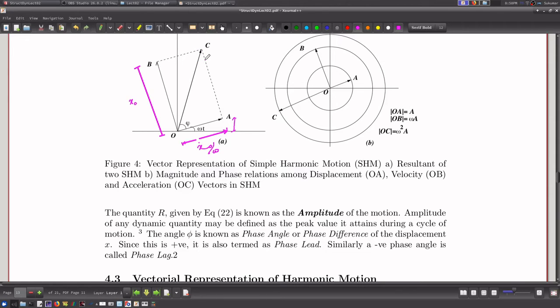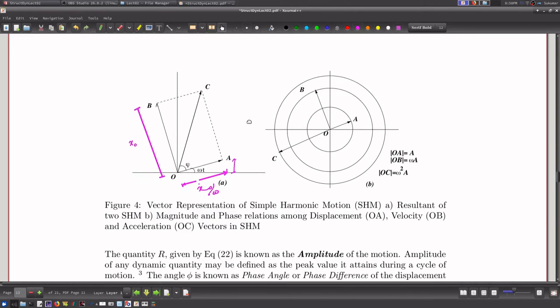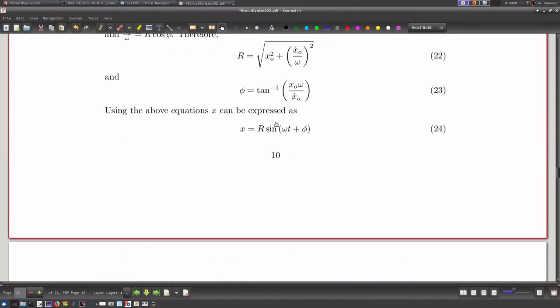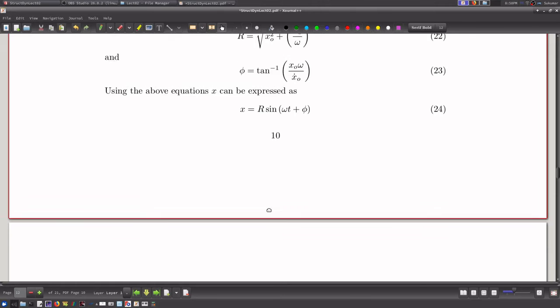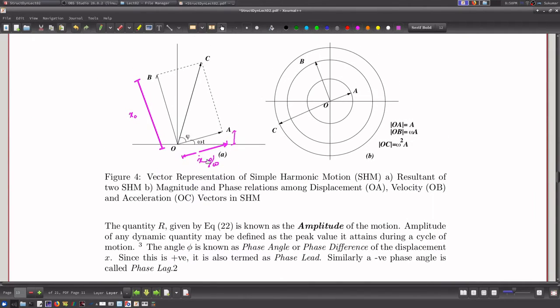And if you see this geometry, we can easily find out that this resultant is root over d square plus d square, which we have already seen in the last derivation. The length square of the two vectors, root over, gives me the length of the resultant vector, and it is making an angle of phi with the original vector, where phi is tan inverse of this by this now, right?